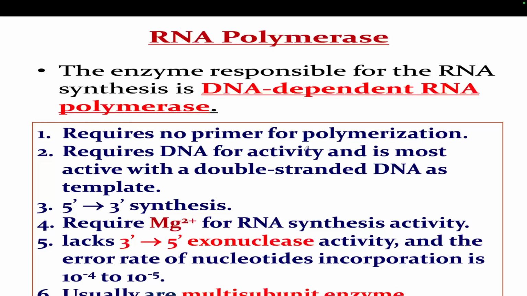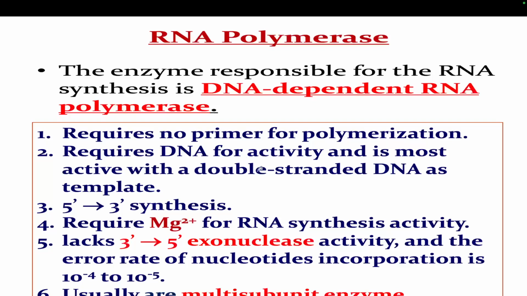As you remember, in DNA replication, primase required a short RNA primer for initiation. But here the RNA polymerase itself is sufficient to initiate transcription, so it doesn't require any primer.